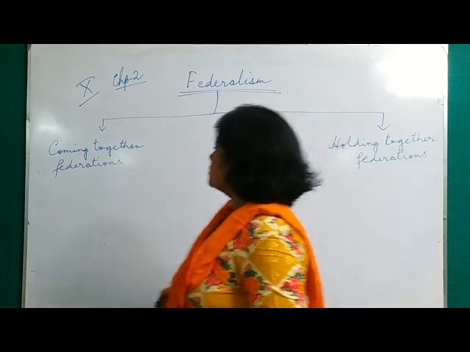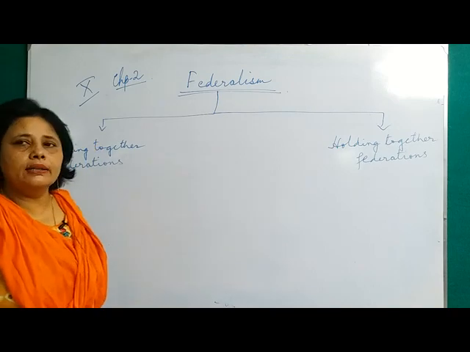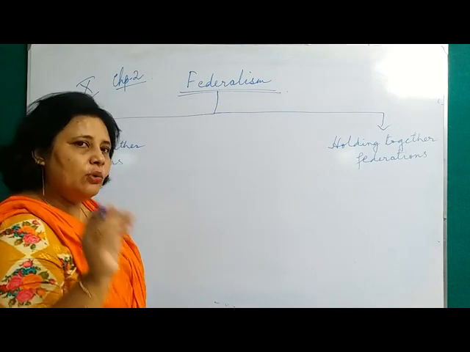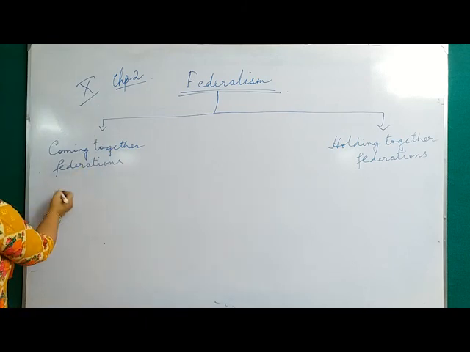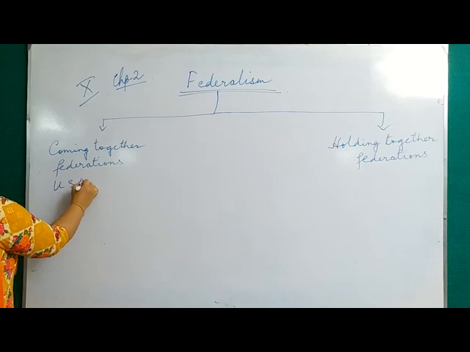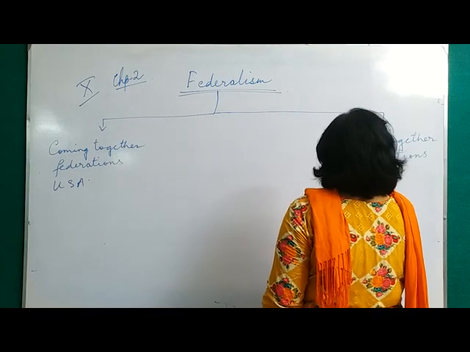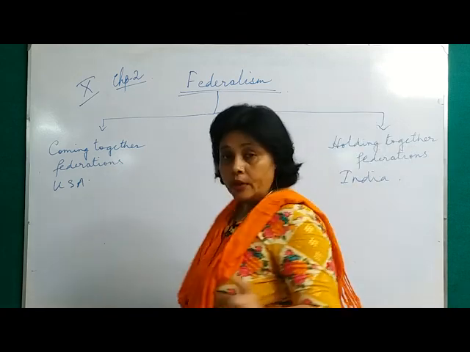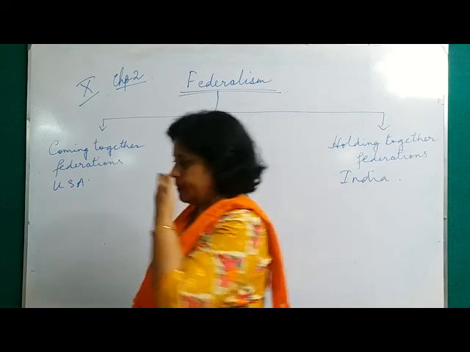So federation is of two types. One is coming together federation and one is holding together federation. And for making you understand better, I will use two examples. For coming together federations, I will use the example of USA, and for holding together federation, I will use the example of India. Because according to me, the best way of understanding or learning is by examples.